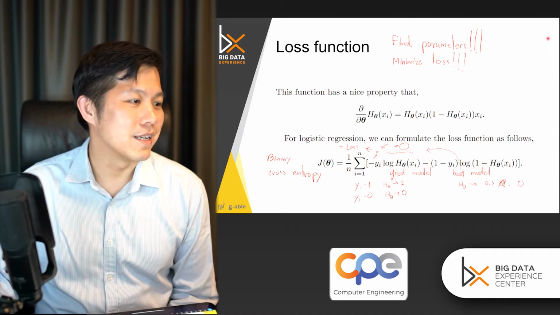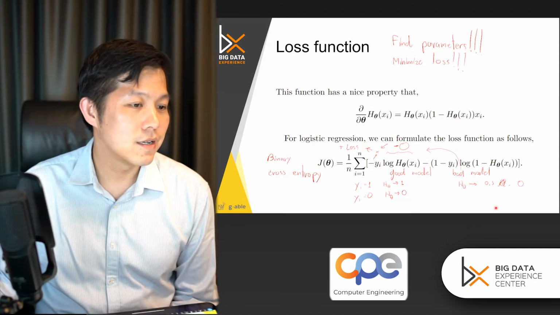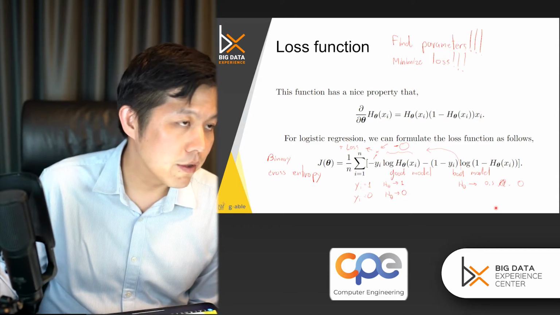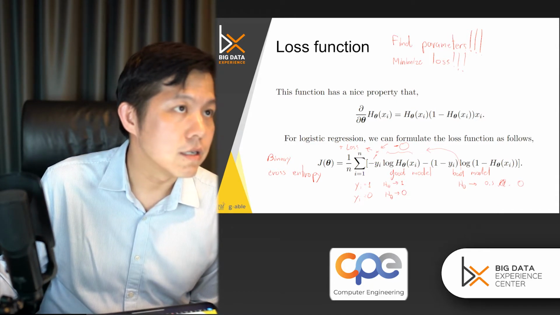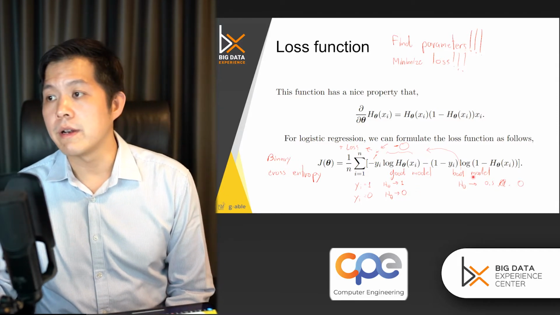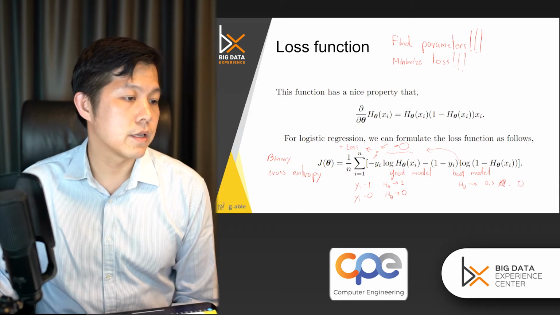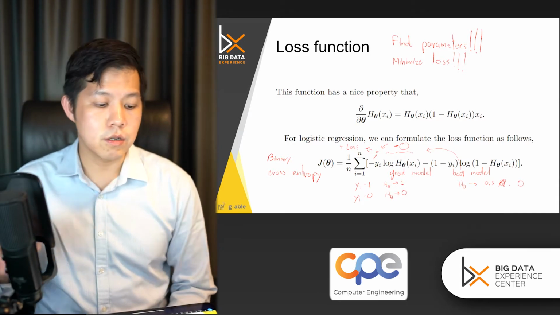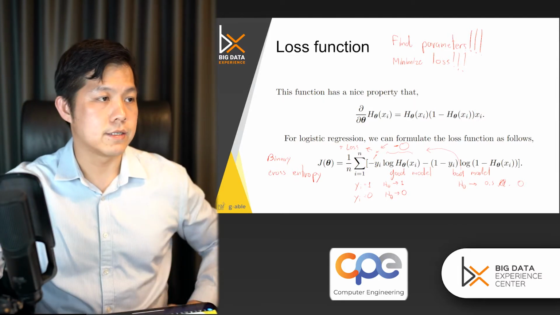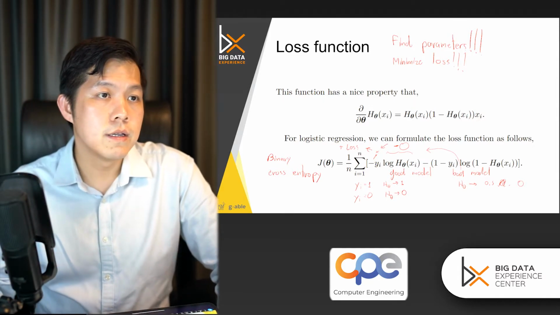But let me check the number of slides left first. I'm now at slide number 26. I'm running out of time, so I will just go to the next slide and explain from that instead of deriving it myself.